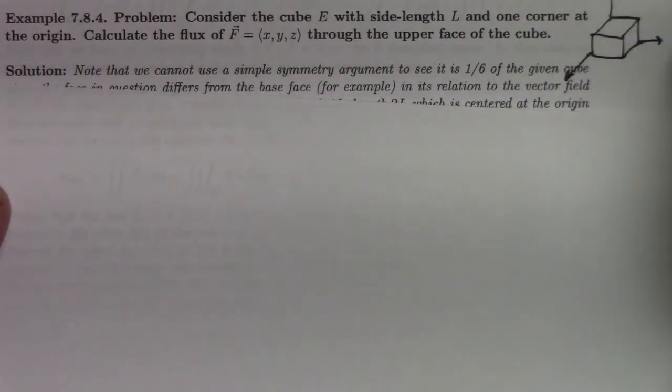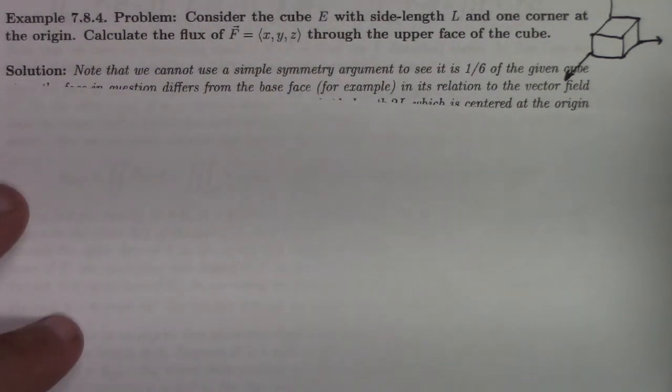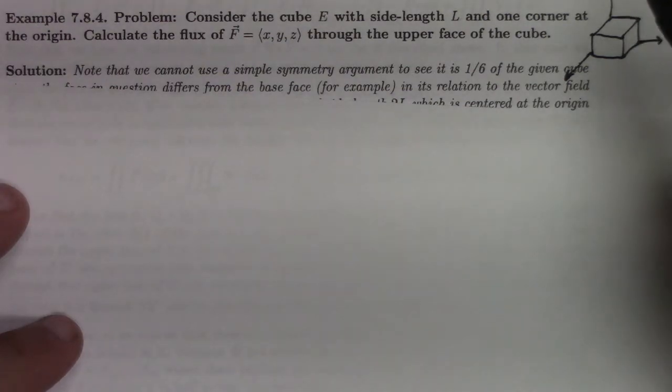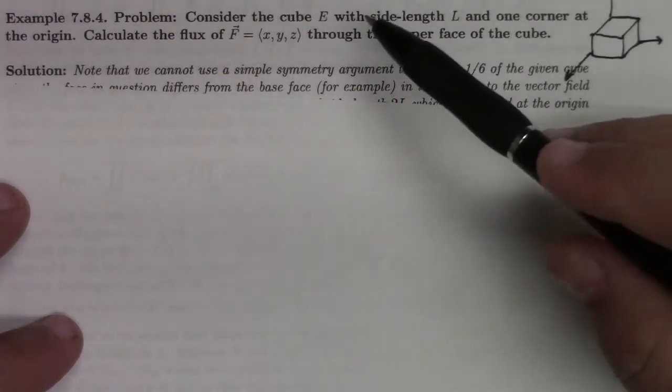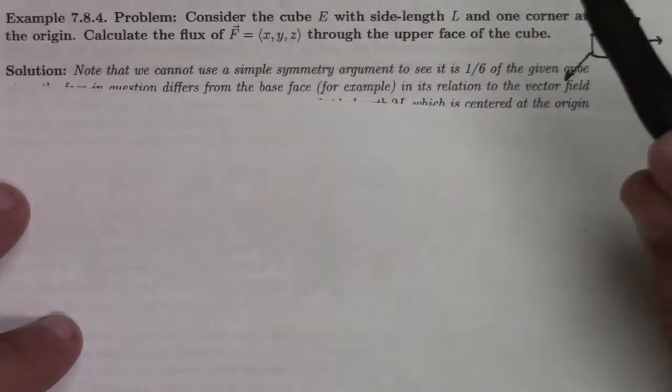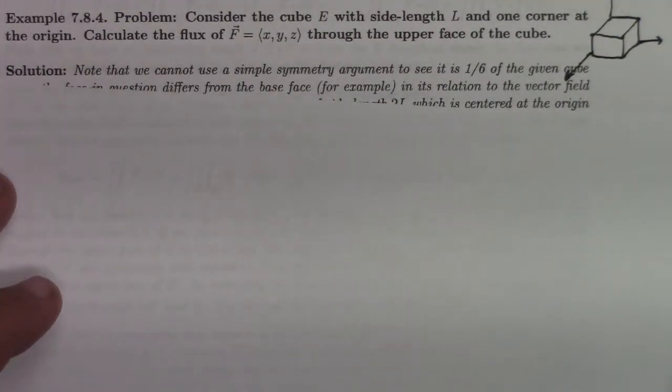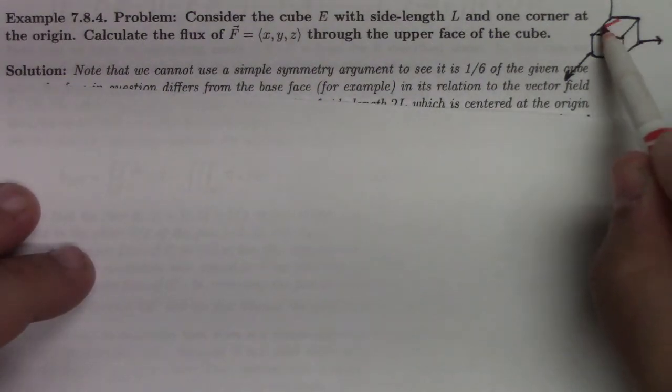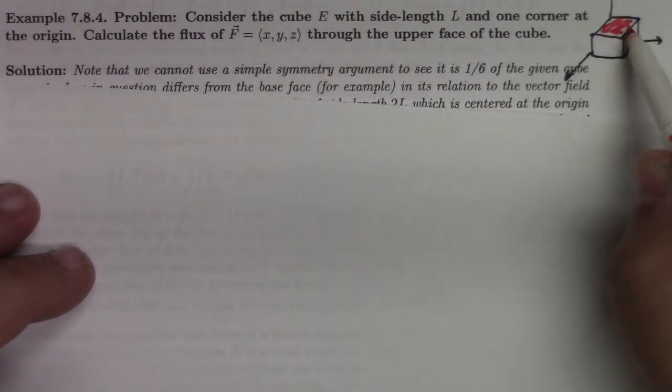Here's Z. And I want to calculate the flux of the vector field xyz through the upper face of the cube. It's kind of nasty. What's the flux through just this face?